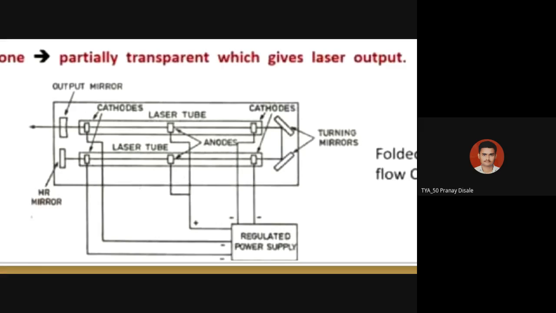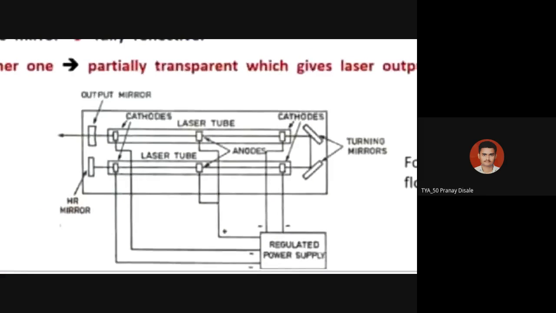So at the other end we have the turning mirrors. There are two pipes also. When the photons come outside from this pipe, they will reflect here, and then again reflect here. You can see this in the diagram also.